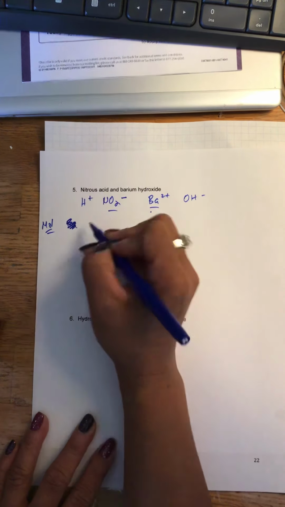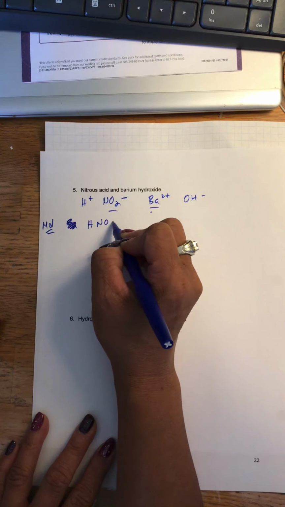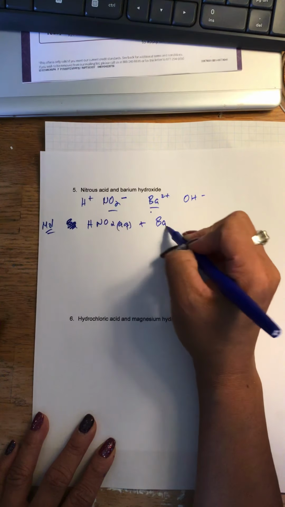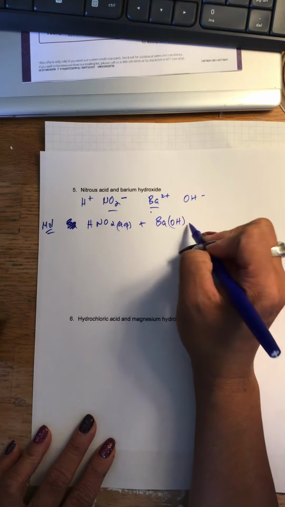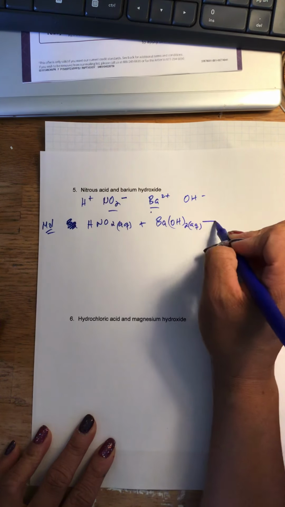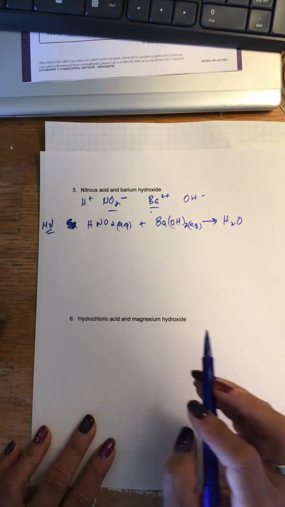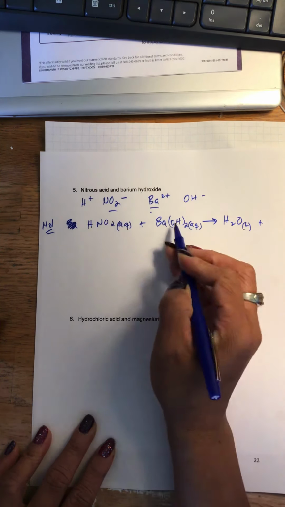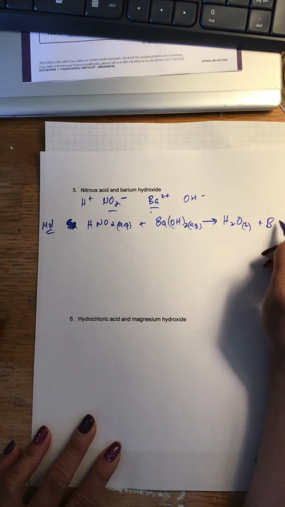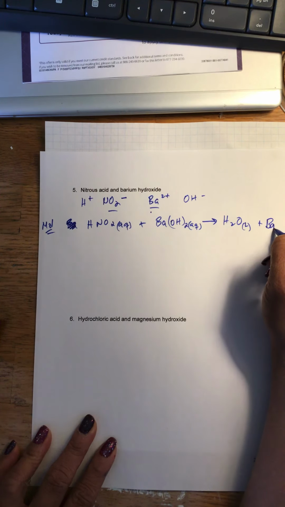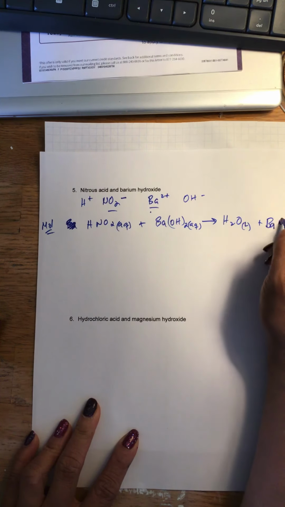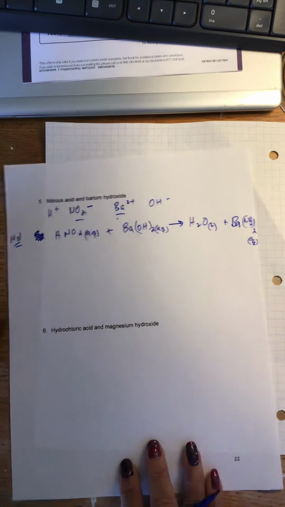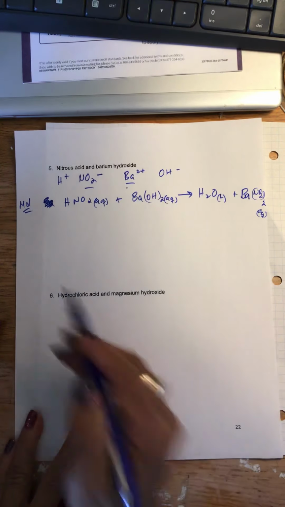Nitrous acid is HNO2 aqueous plus barium hydroxide Ba(OH)2. They're both aqueous, and you have your water liquid, plus barium and nitrite will combine, so Ba(NO2)2. And this is aqueous when you check your solubility chart.